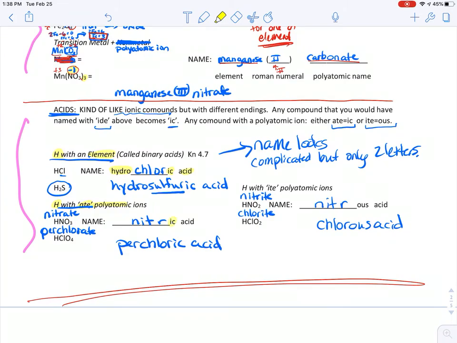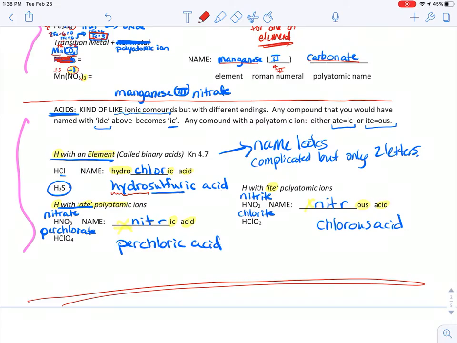They all end with that -ate. And that one gets an -ic acid with no prefix, nothing. Whereas if you have one that ends in -ite, and there's like 4 of them on your list, those become -ous acids.